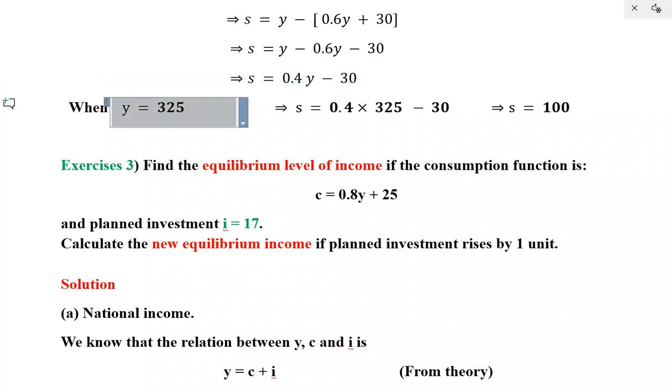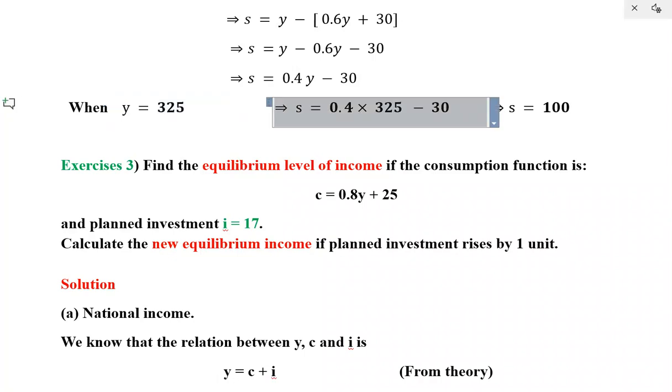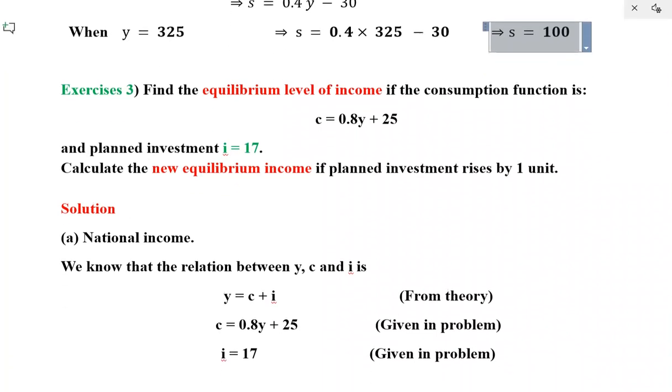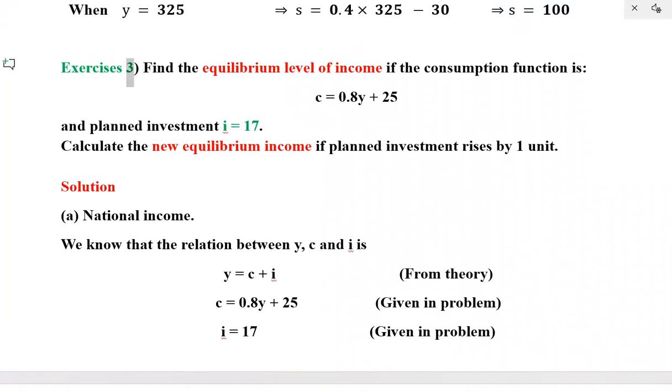When Y equals 325, S equals 0.4 times 325 minus 30, which implies S equals 100.